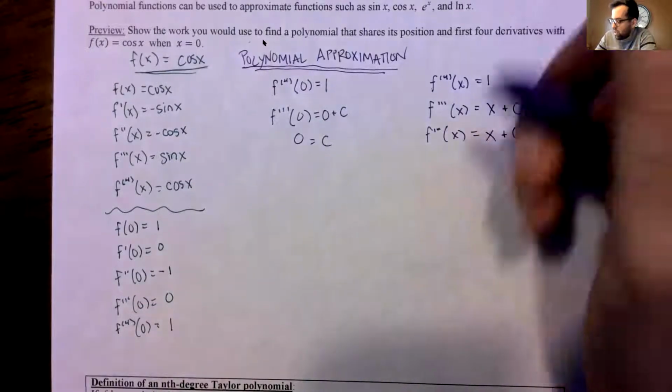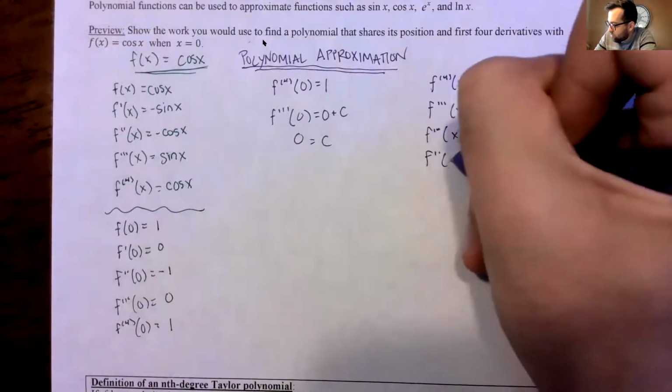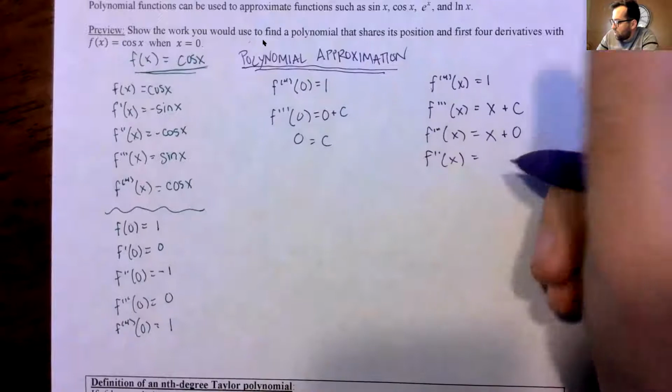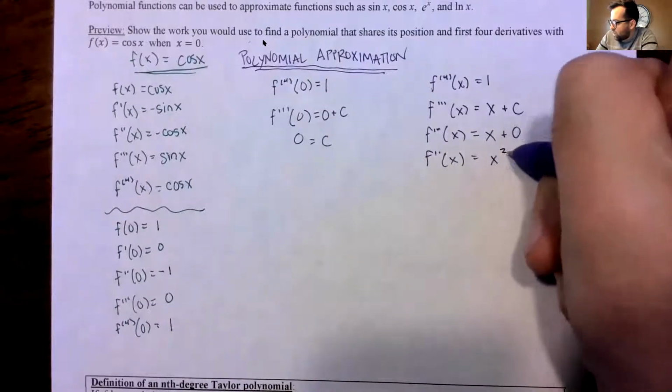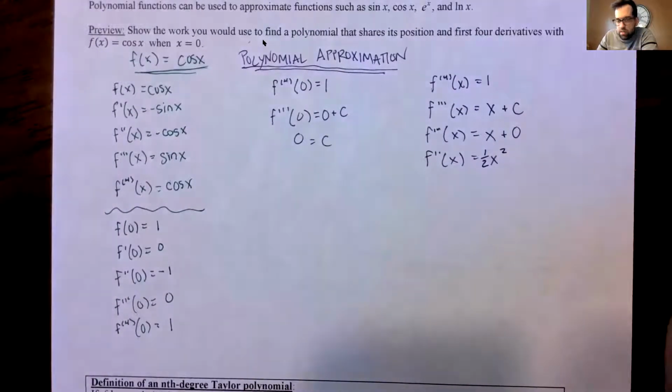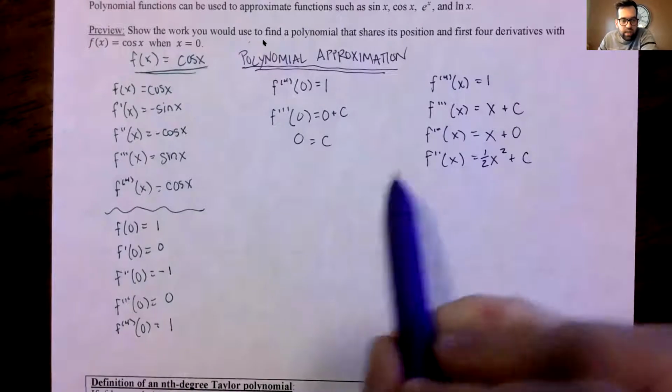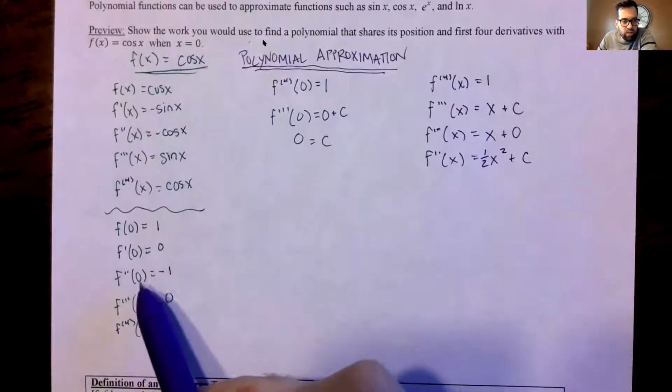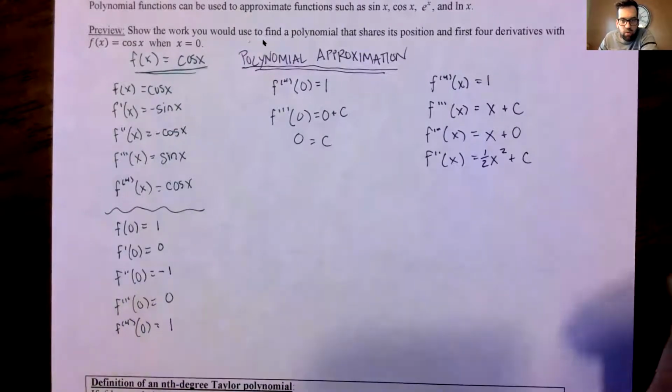So let's bump up again. So we're going to go to the second derivative. And now we have x squared times 1/2 plus 0, which doesn't really impact anything. So we'll just say plus c. Our second derivative, when we plug in 0 for x, we should get -1 for y.